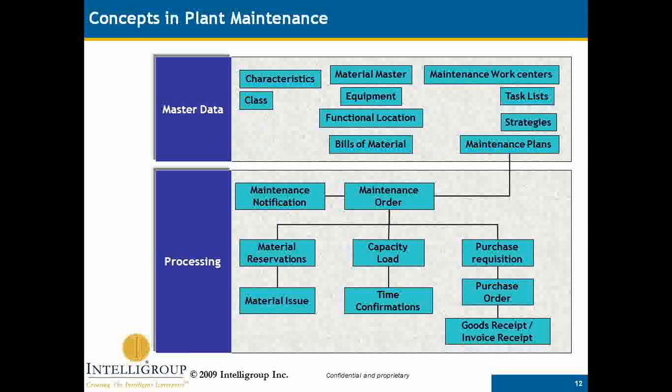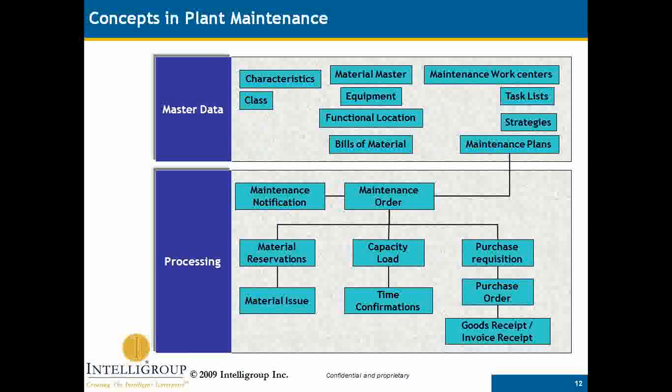Going forward, you know that all these things we can define as one task list, and we can indicate that only the first 5 operations are applicable for 1000 kilometers, and operations 6 to 10 will be applicable for 2000.